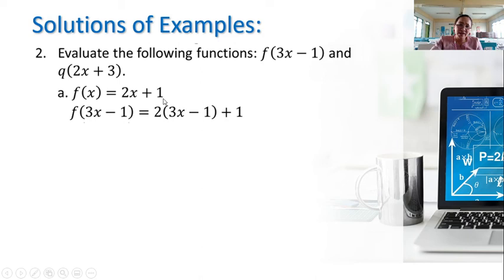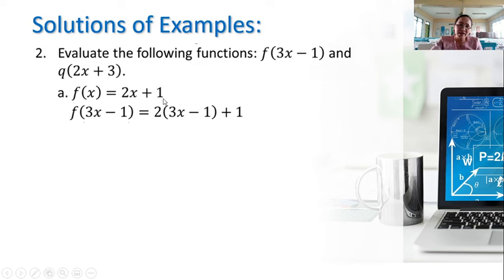Then bring down plus 1. Then combine similar terms. The only similar terms in here are negative 2 and 1. And so this becomes 6x minus 1. Thus, evaluating f of 3x minus 1 is simply equal to 6x minus 1.